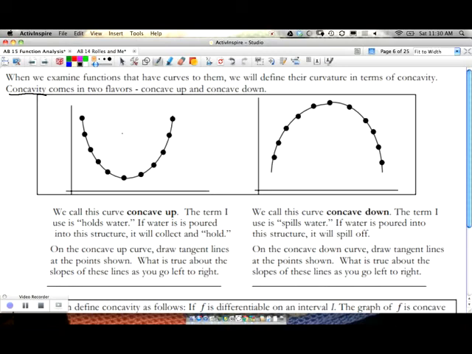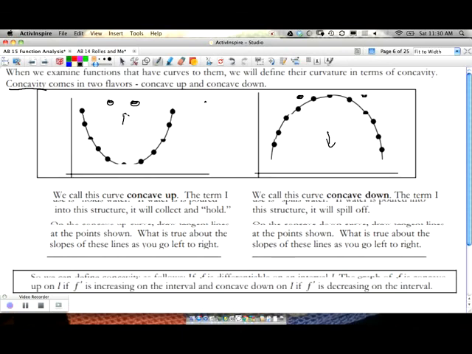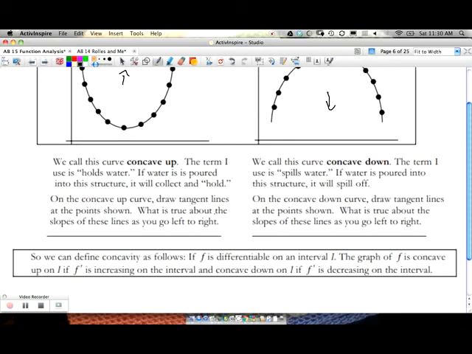So this is concave up, and this is concave down. Would it hold something in it or would it spill out? I like to think of this as happy or sad. Is it happy or sad? What is the graph looking like? So what is true about the slopes of the lines as you go left to right?